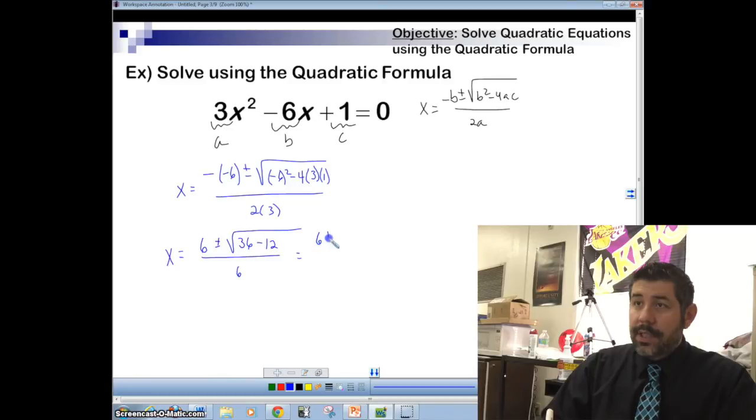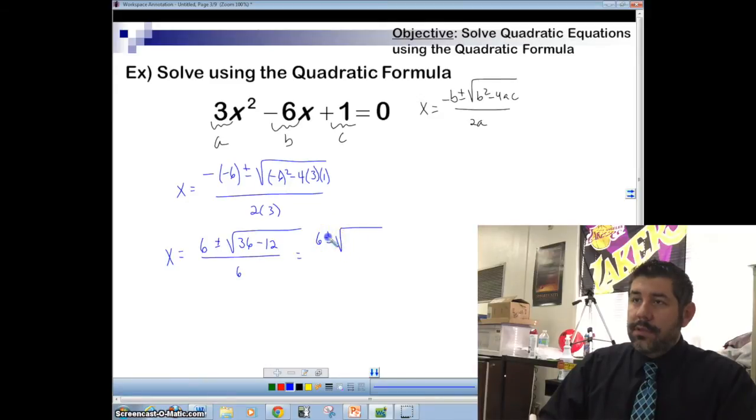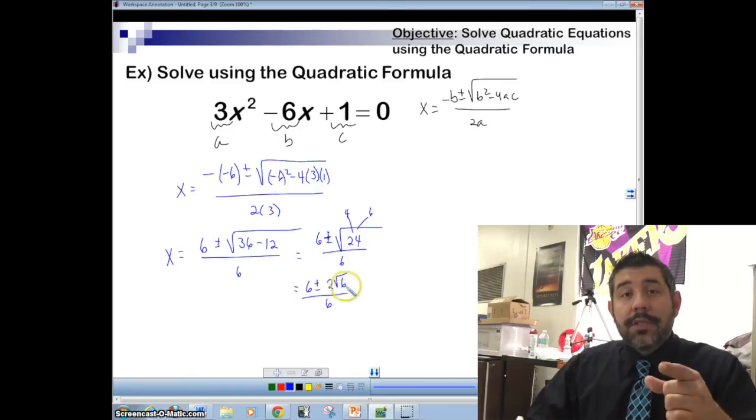All right, so 36 minus 12 is 24 over 6, and we have to simplify the square root of 24. So we get 6 plus or minus the square root of 24, which is 2 square root 6, because this is going to be a 4 and a 6, right? Over 6.